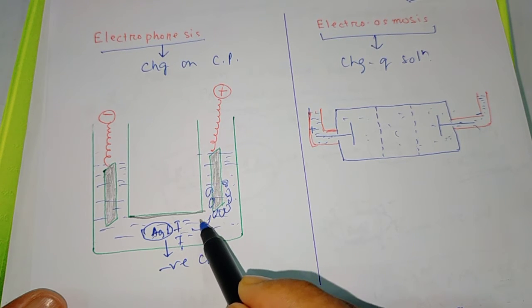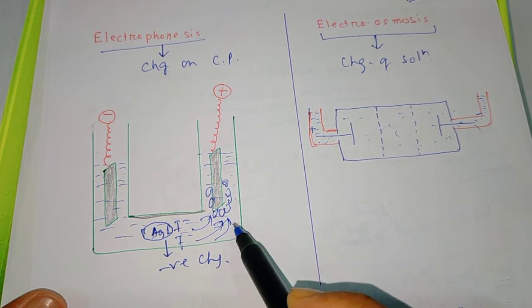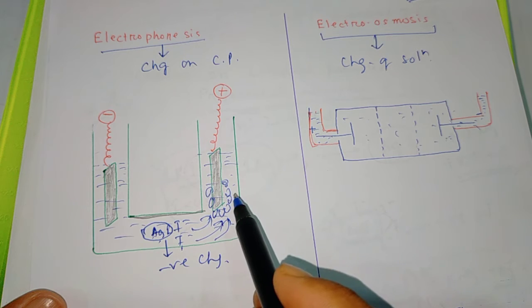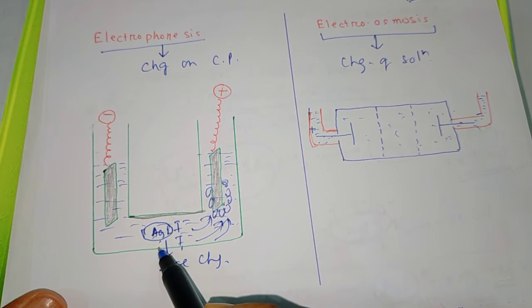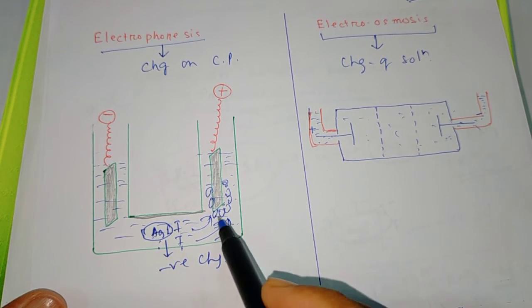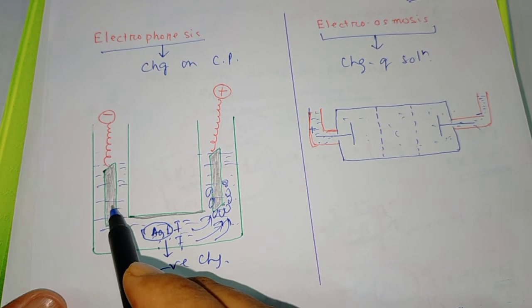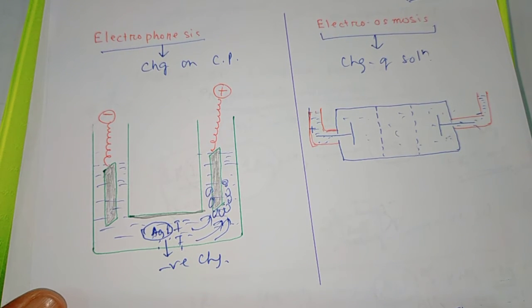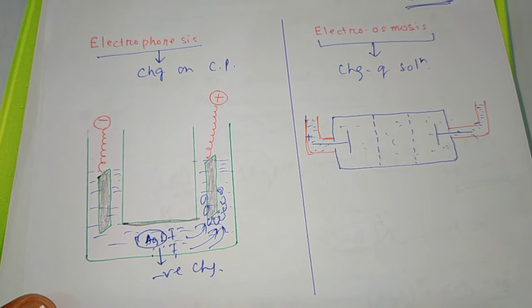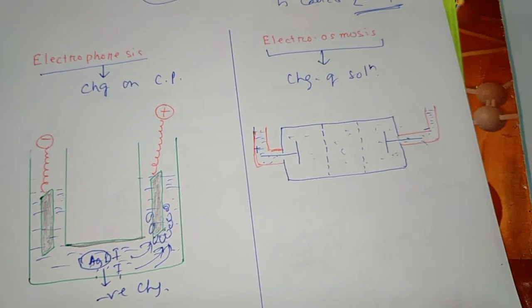So this one flows towards a particular electrode, proving that if the electrode is positively charged, the colloid is negatively charged. If the colloid is positively charged, all the colloid runs towards the negative electrode, that is the cathode. The electrophoresis proves the charge on the colloidal particles.